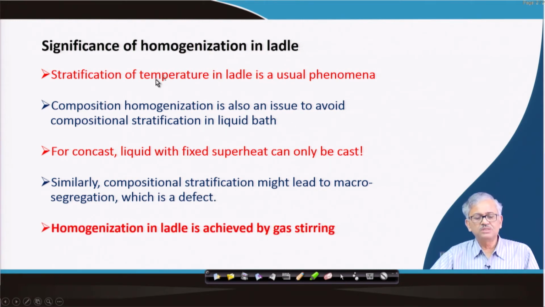So all these things can take place. Basically, we want to eliminate the thermal stratification, and we want to eliminate the compositional stratification, and that we do in the ladle by using gas stirring. Gas stirring from the bottom is the more popular stirring mechanism, because mechanical stirring is not a very good idea in the ladle, and gas stirring has got the prominence in the ladle.